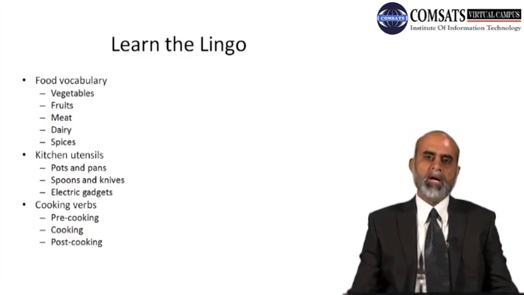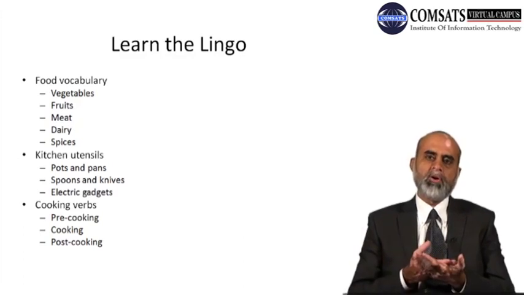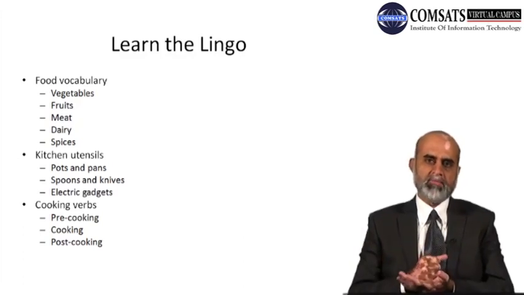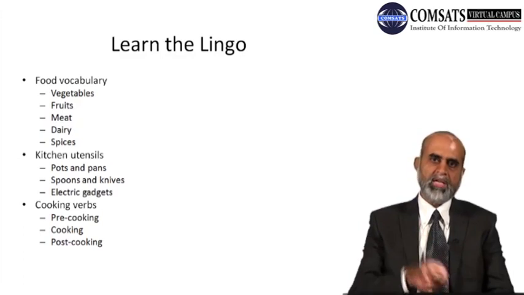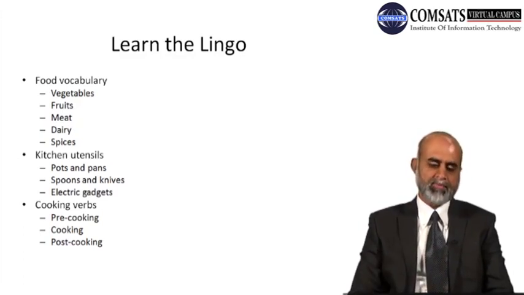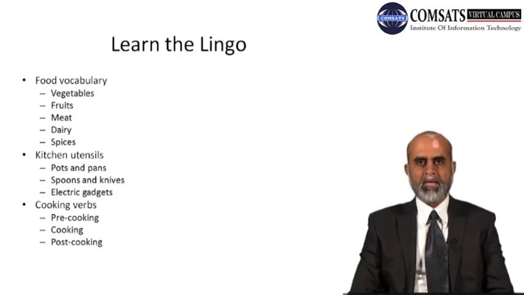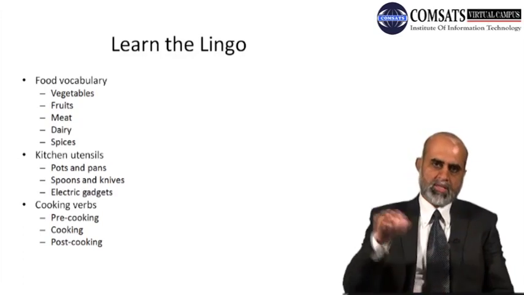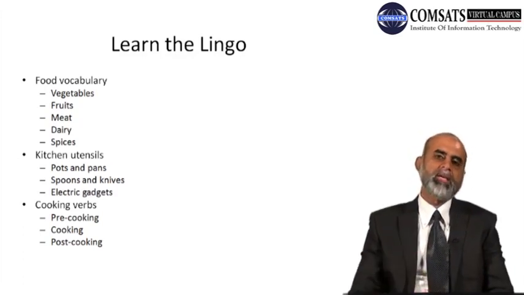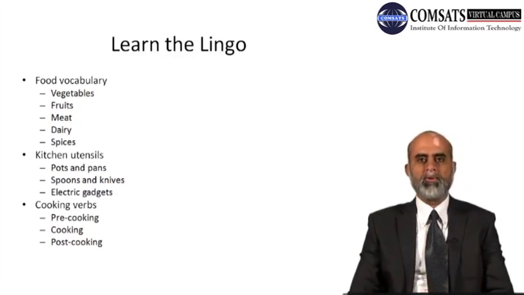Or you cut or grate vegetables, or you peel potatoes before cooking them. And there are lots of cooking verbs. You can stir the ingredients in the pan while you are cooking it.